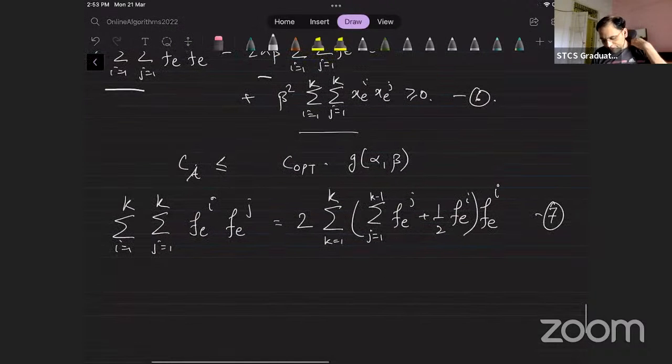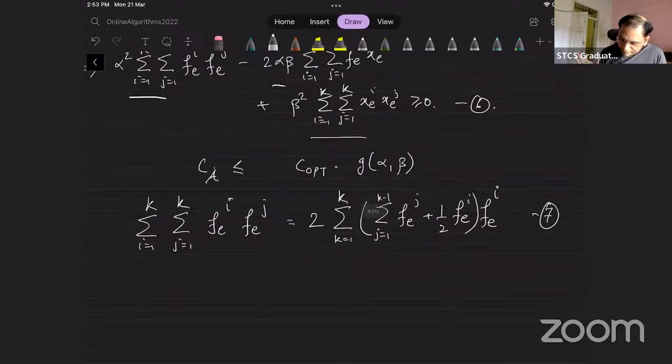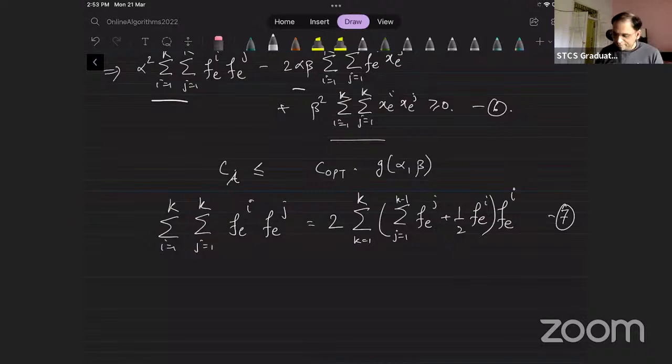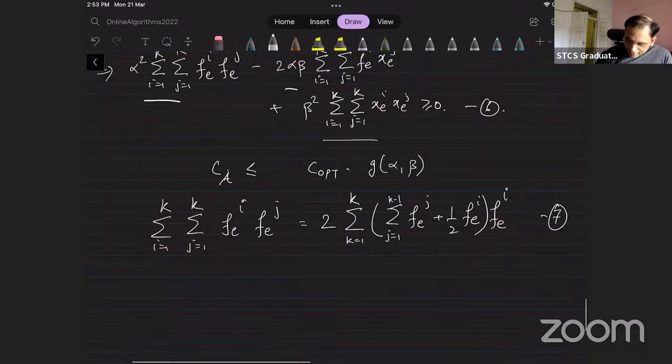These are equalities. So this is little k, and this is also little k.